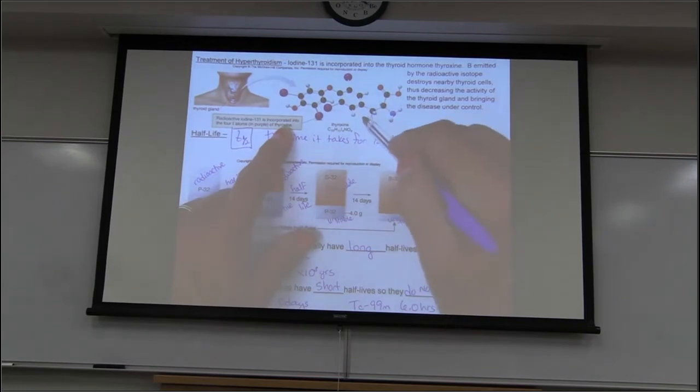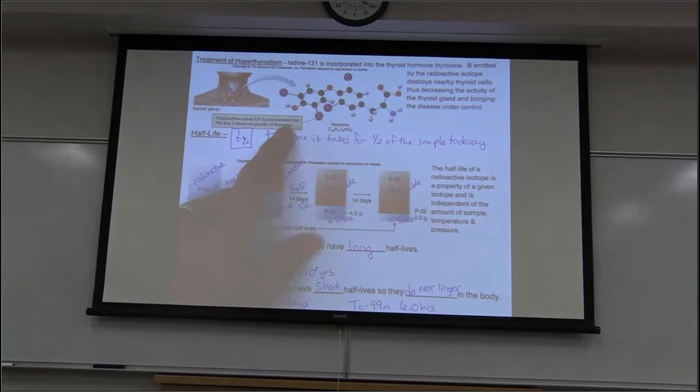You take the pill of thyroxine, and that thyroxine goes to your thyroid gland, and the beta particles emitted from the iodine kill the thyroid gland. So instead of going in and having to cut it out, the beta particles do it.